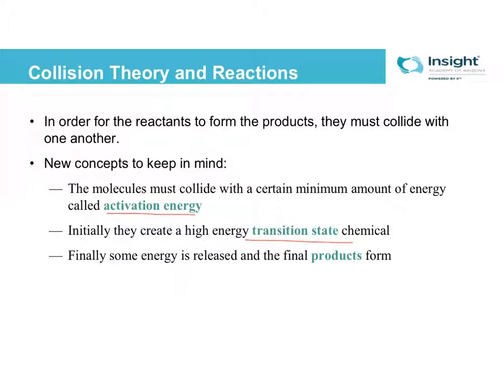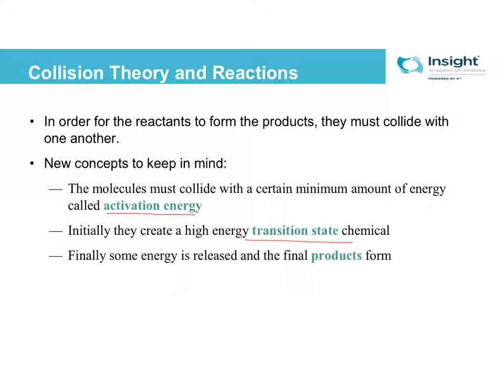When this happens, say you have two reactants, when they combine together, when they crash, and sometimes they even get stuck together temporarily, they make what is called the transition state, a chemical that is temporary but necessary for the reaction to take place.